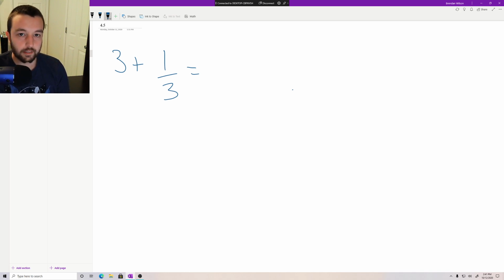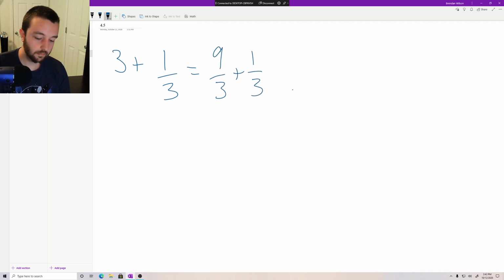Notice that 3 is the same thing as 9 divided by 3, right? We know 9 divided by 3 is 3. If we rewrite it like that, then we get this problem. These are the same problem, but now we have two things with the same denominator. So it works out in our favor because now we can just add the numerators together, just like we did in the last section.